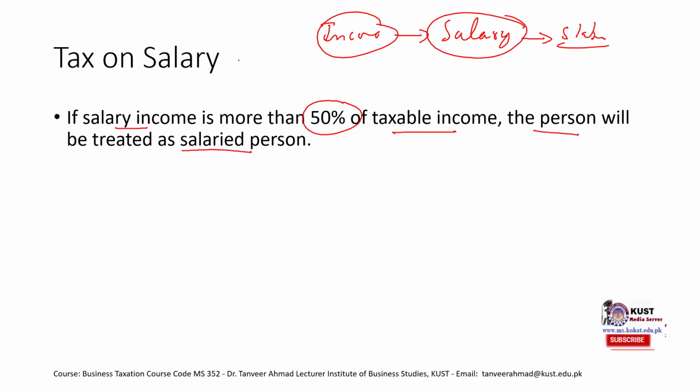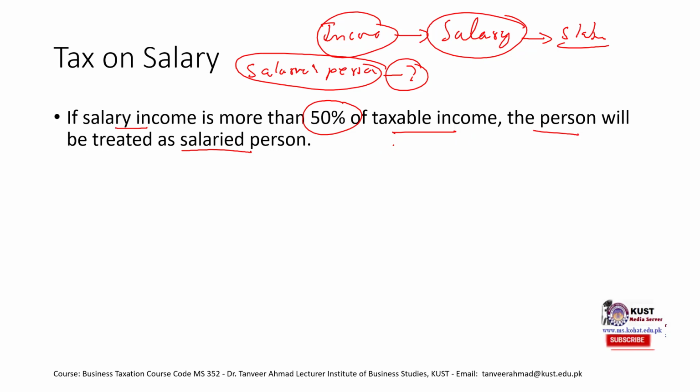Remember, the slabs that I just discussed are for a salaried person. They are not for a business person, they are just for a salaried person. And how do we define a salaried person? Any person whose salary income is more than 50% of his taxable income would be called a salaried person.